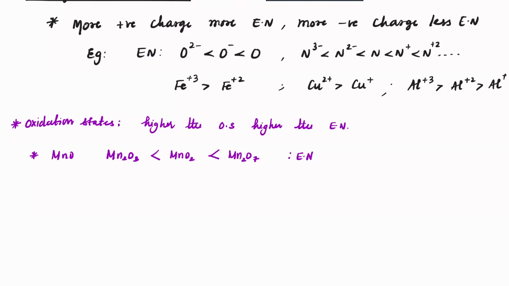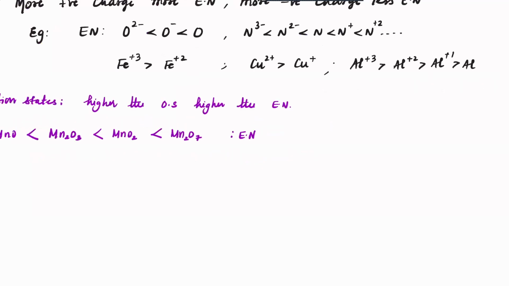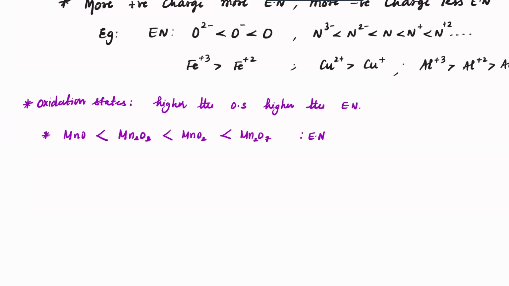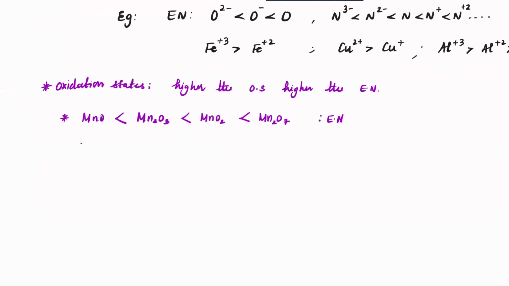How do we calculate the oxidation state? Certain elements have permanent oxidation values, like oxygen. Oxygen always pulls electrons from metals and will always acquire a -2 charge. So I can write X minus 2 equals 0, where X is the oxidation state of manganese. Here, 2X minus 3 into 2 equals 0, so X is equal to 3.